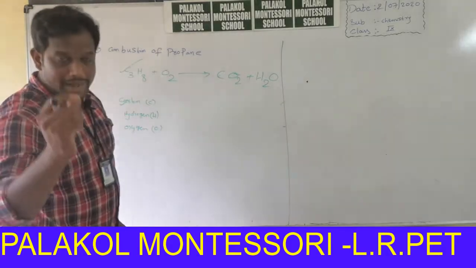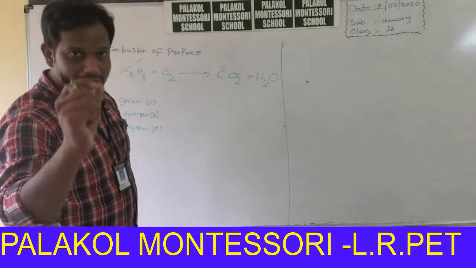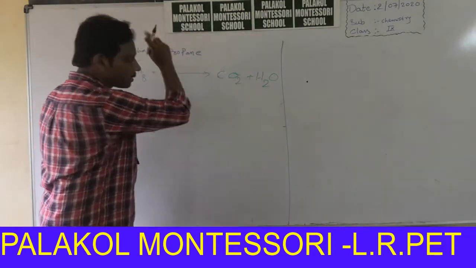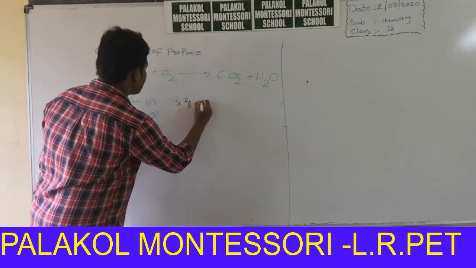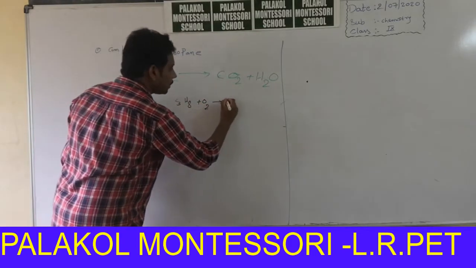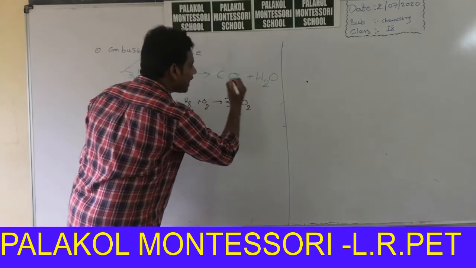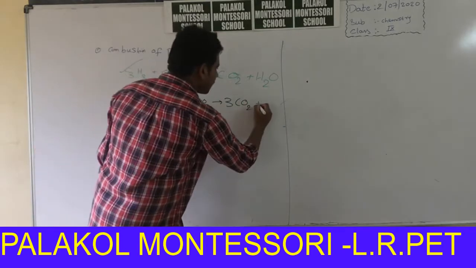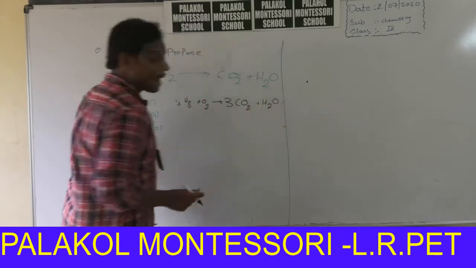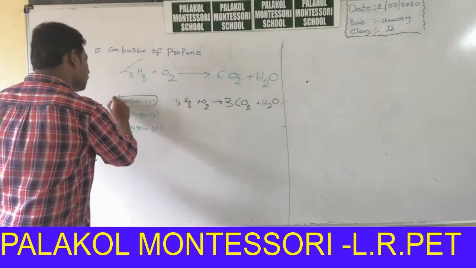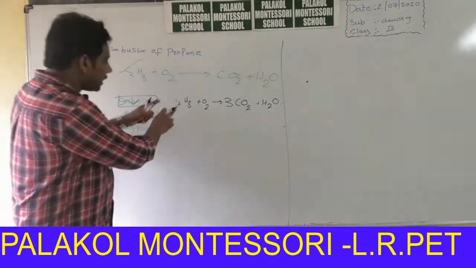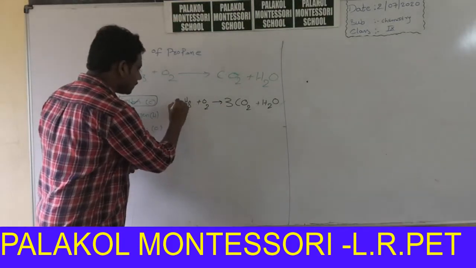So now I have the right to write 3 here. Now C3H8 plus O2 gives 3CO2. It is trial and error method. Plus H2O. Now the carbon atoms are balanced. Here the number of carbon atoms is 3.